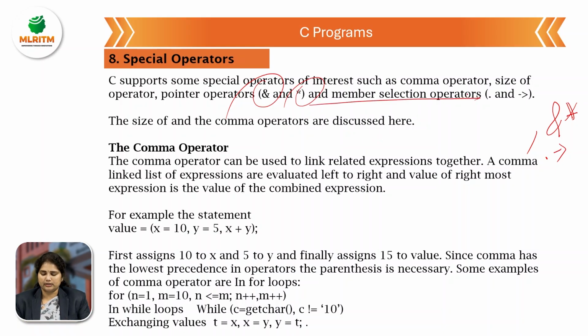Dot and arrow are called member selector operators, we will use them in structures. Example, comma operator is used as x equal to 10, comma y equal to 5, comma expression. We can take any value. These values are separated by commas.